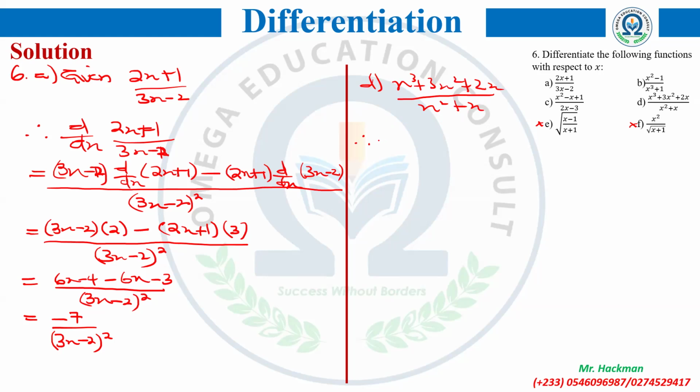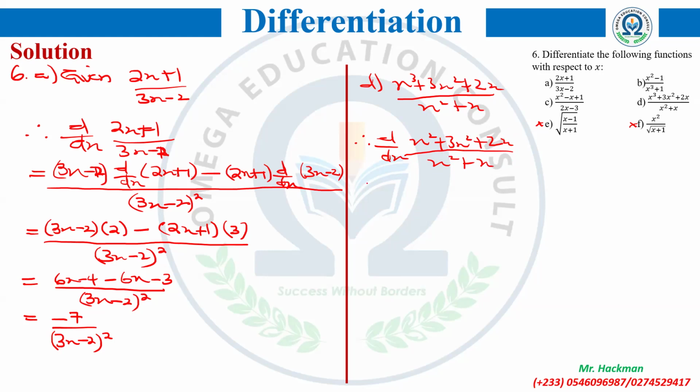I'm not bothered because I'm asked to differentiate with respect to x, which means I need to find d/dx of the given function, x cubed plus 3x squared plus 2x all over x squared plus x. In some books, you see this put in brackets. But for me, every fraction is a single fraction, and anytime I'm applying anything on it, I don't put it in brackets because it's usually not necessary.